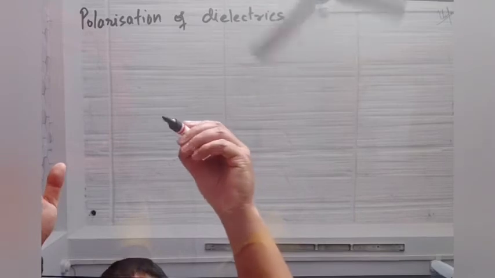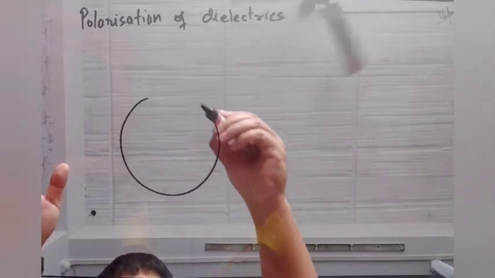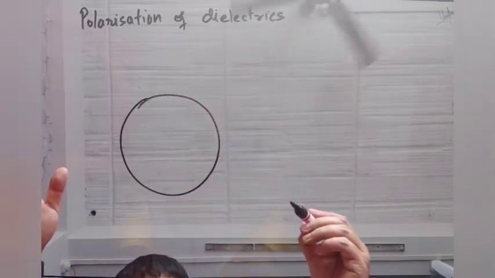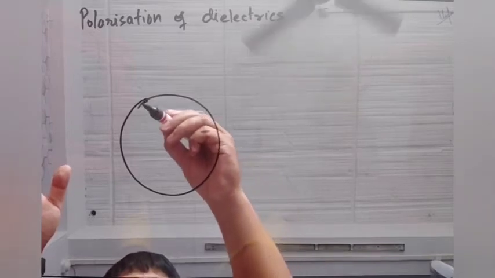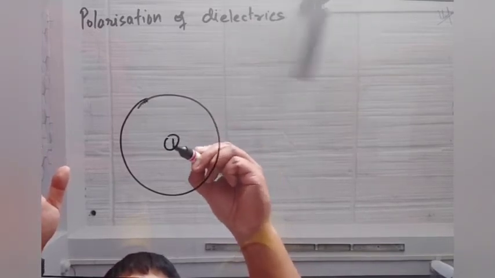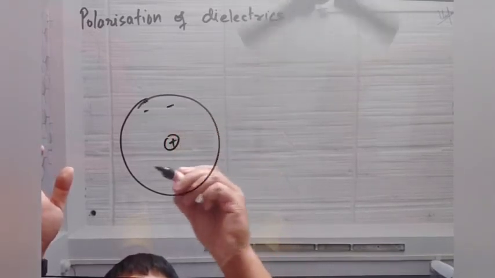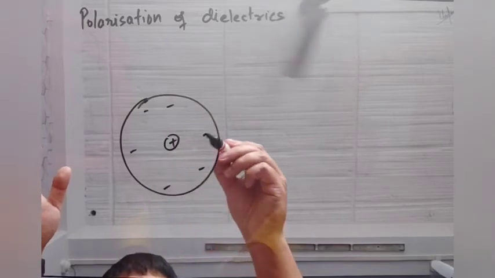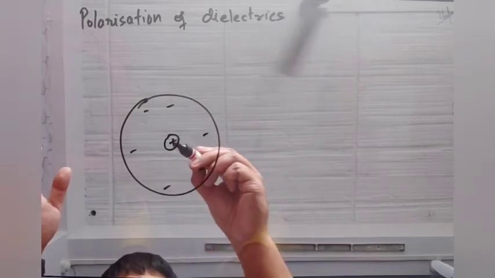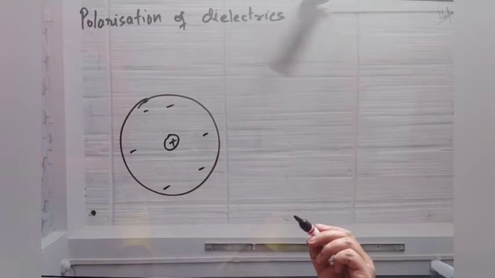In this video, I'm going to explain polarization of dielectrics. Suppose this is a dielectric medium, dielectric atom, in which the center of gravity of electrons and positive charge coincide.